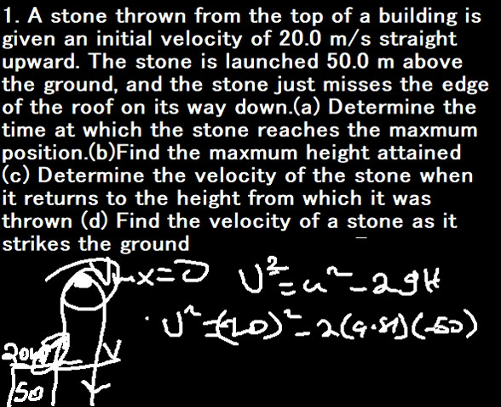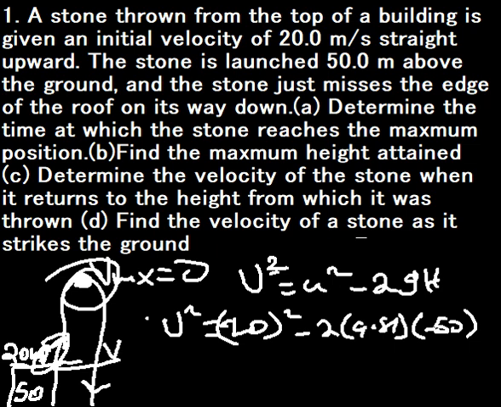Now we'll have 2 times 9.81 and also times 50. So it should be 2 times 9.81 and times 50.